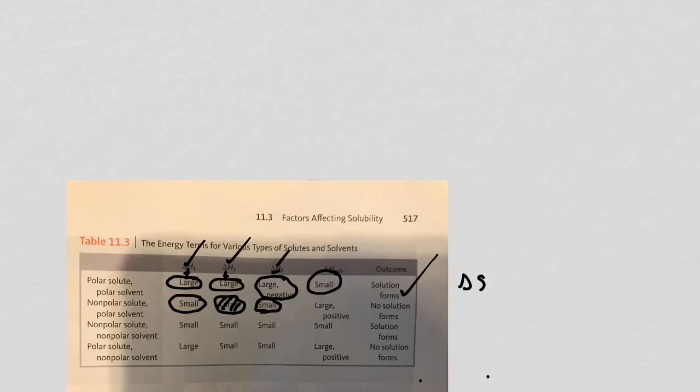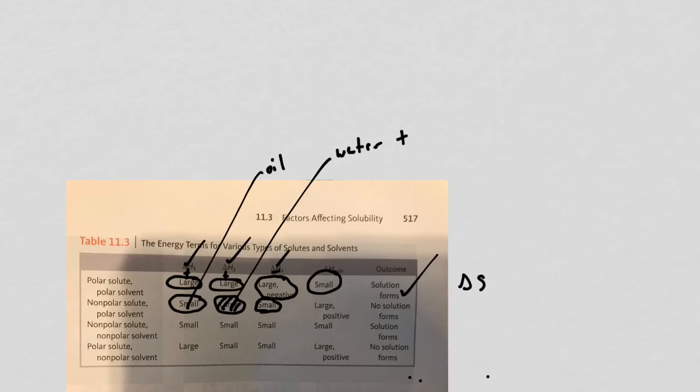It could be water molecules, and this could be oil. It's not very difficult to separate the oil particles, but it's very difficult to separate the water particles. That means the delta H for separating those out is a very large positive value.